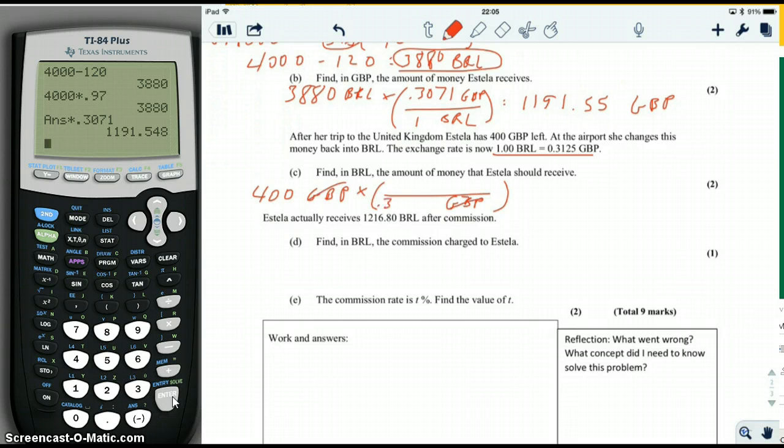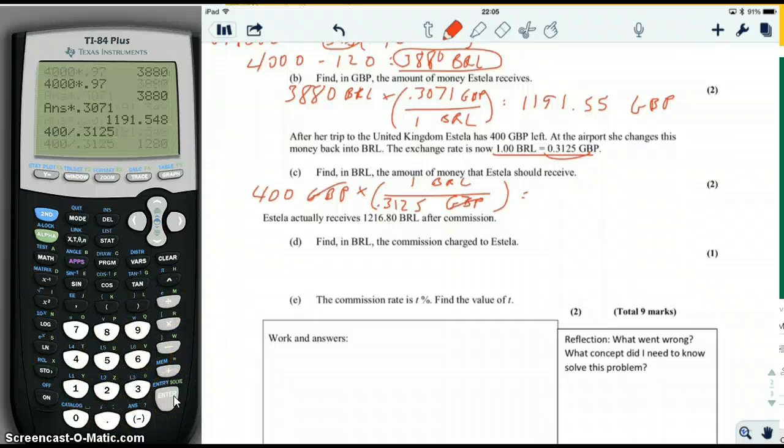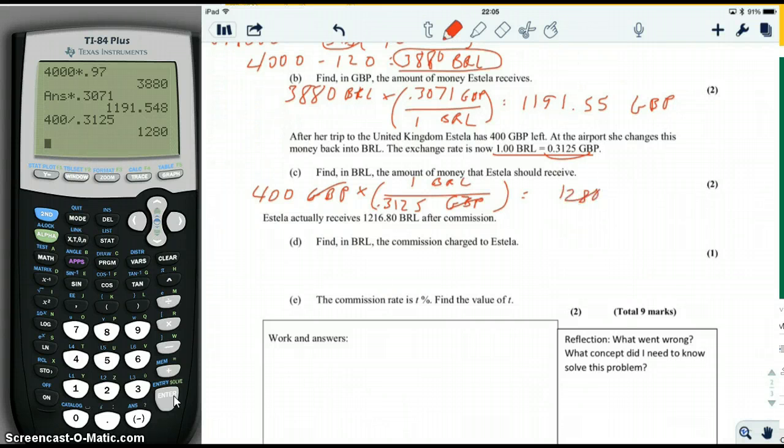So it's going to be 0.3125 GBP, right? And then 1 Brazilian real on top. So let's do this. 400, and we're going to divide by 0.3125. And that gives us 1280. So 1280 Brazilian reais. Okay.